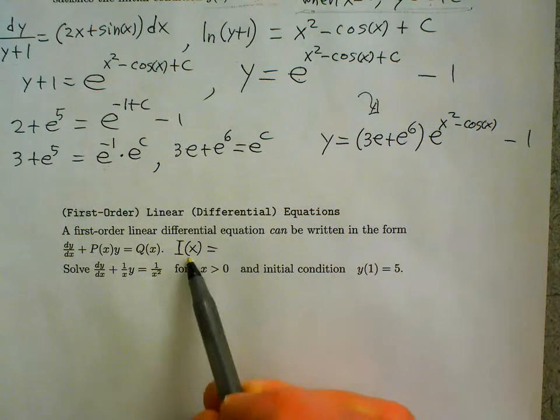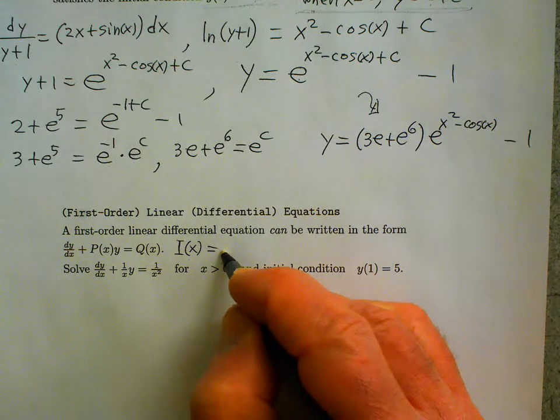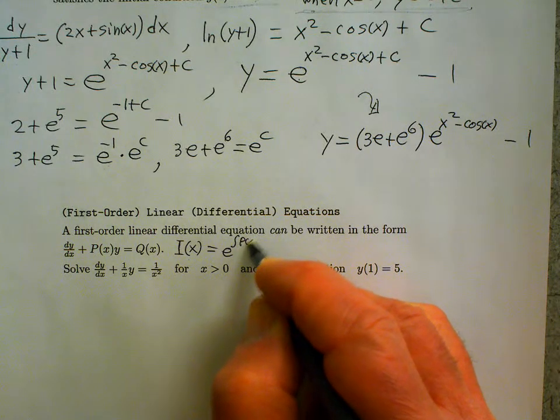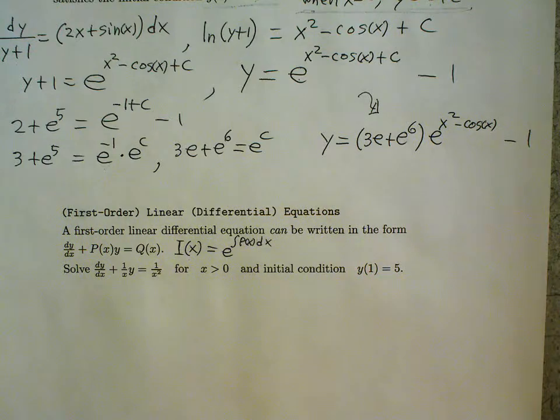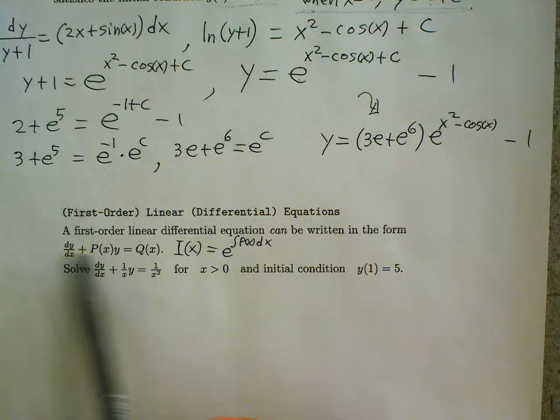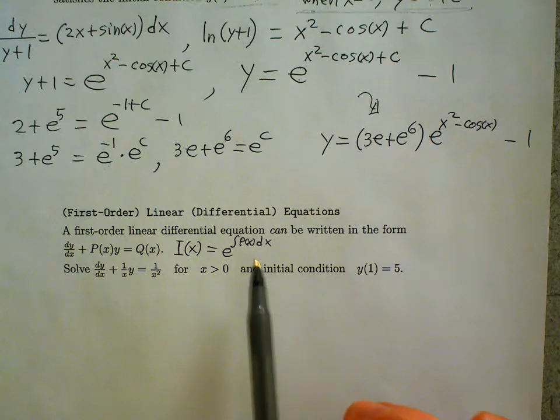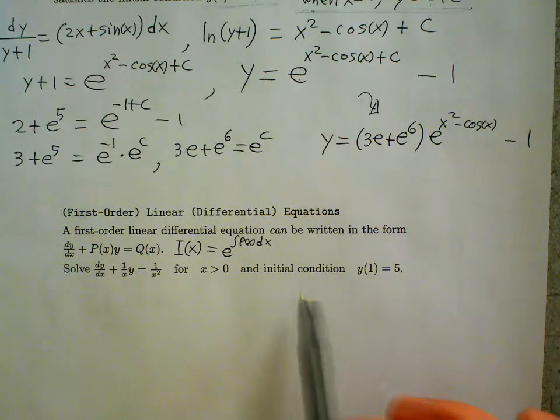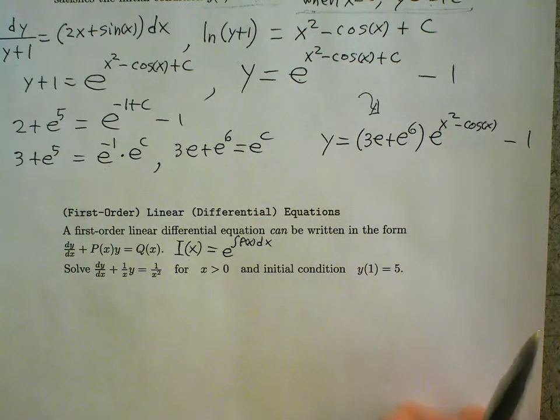The integrating factor is e to the integral of p of x dx. Once we find the integrating factor, we multiply both sides of this equation, and that will enable us to find an antiderivative to help solve the differential equation.